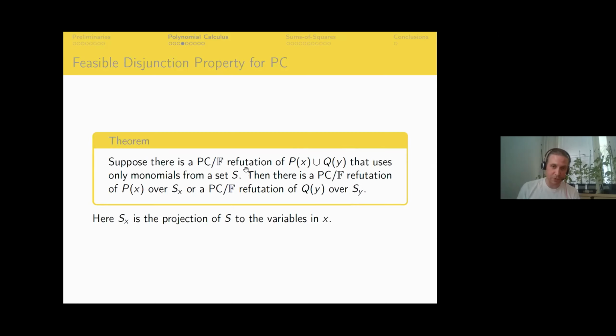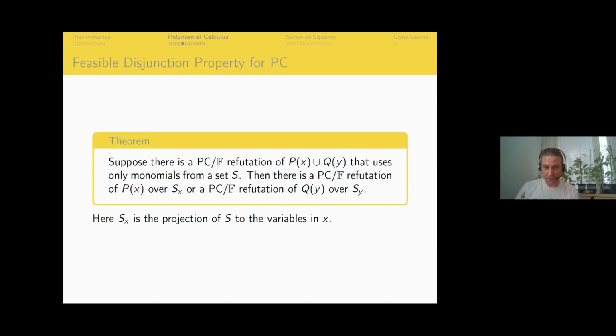Okay, so this is important. So we get this information about which set of monomials to use in the given refutation. So then we can show that there is a refutation of either the left-hand side over the projection of this S to the X variables. So what I mean by the projection is, these are monomials that contain both the X and Y variables.